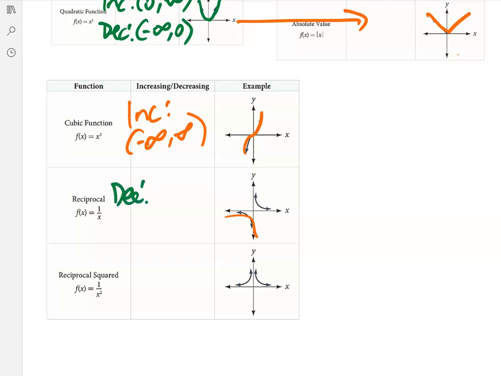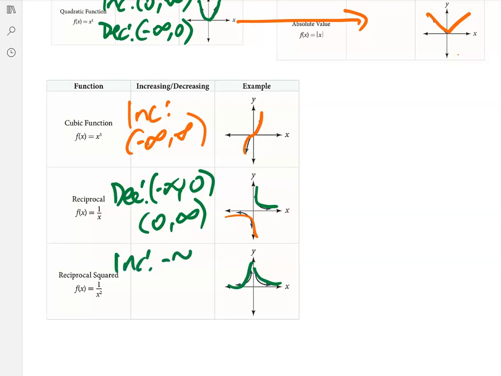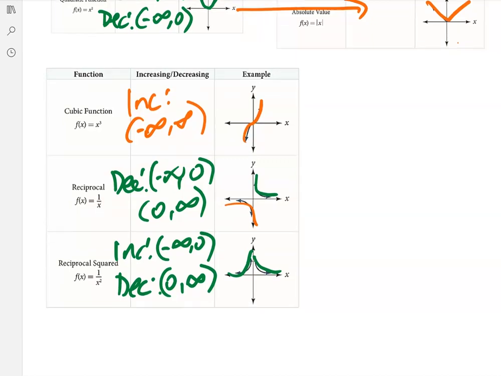So decreasing from negative infinity to 0, and also here is also decreasing from 0 to positive infinity. And the last one, reciprocal squared, this is increasing and this is decreasing. So increasing from negative infinity to 0, decreasing from 0 to positive infinity. Okay.